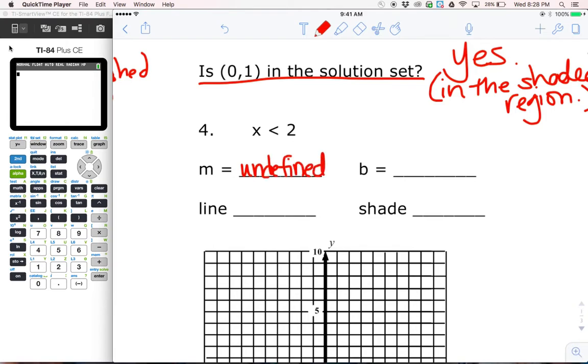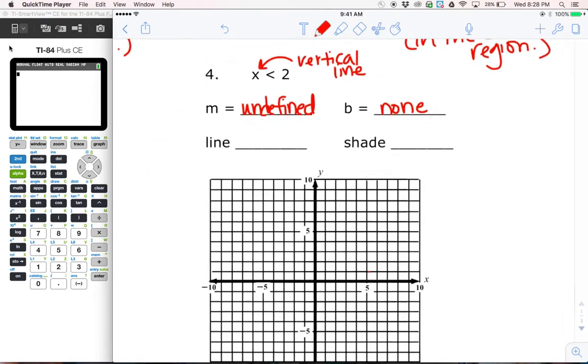And our y-intercept, we're going to write none, right? Because when we have x like this, it's going to be a vertical line. You may have heard the phrase VUX, vertical undefined slope, x equals, or in this case, x is less than.